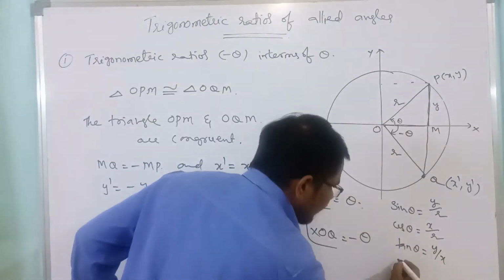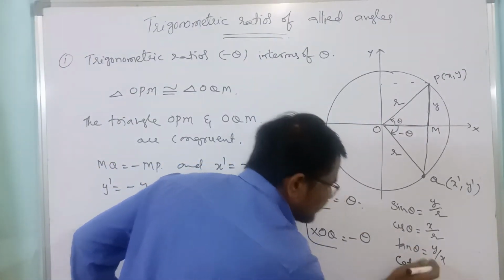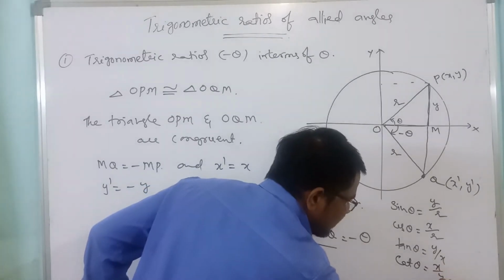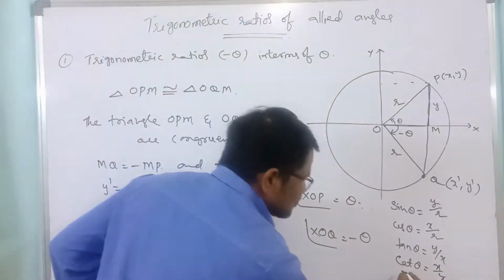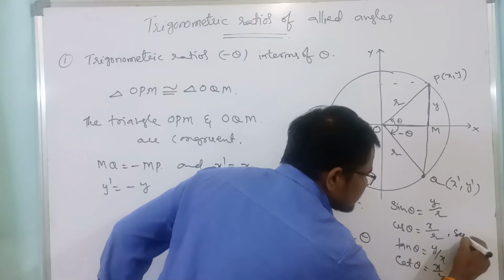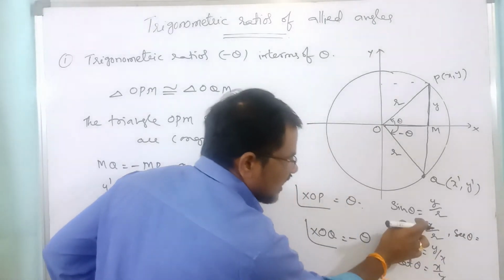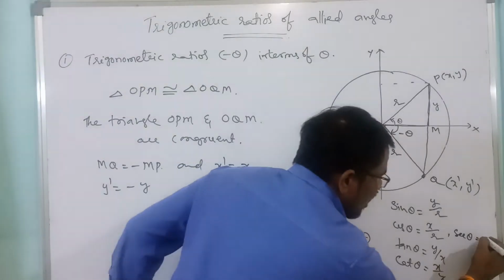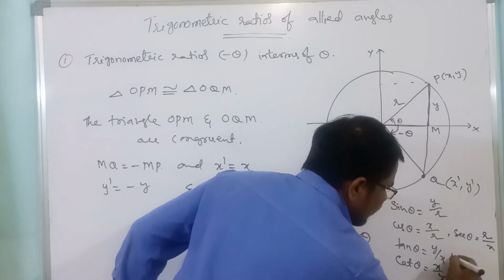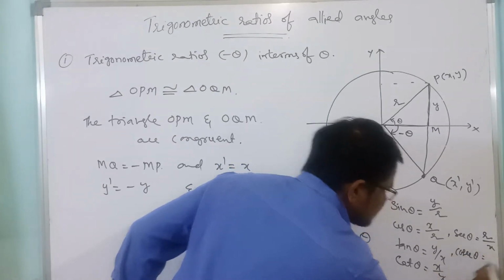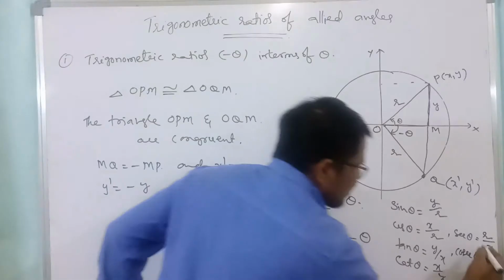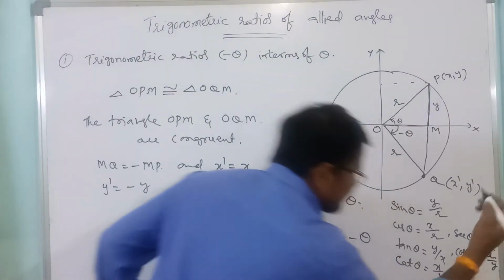Next, cot theta equals reciprocal of tan, x by y. Next, secant theta is reciprocal of cos, r by x. Now, cosecant theta equals reciprocal of sin, r by y, right?